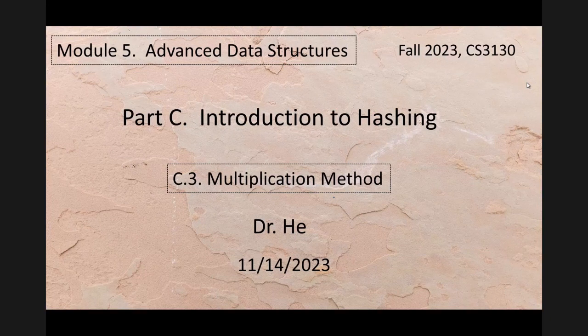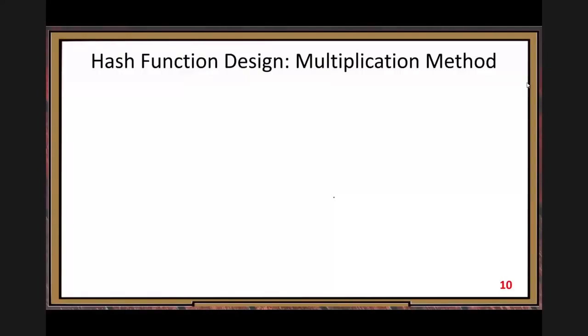But for the multiplication method, we have a lot of freedom to choose when we design the hash function. And we have more confidence to make it robust against most of the patterns. So let's look at this interesting idea. Hash function design, this time, the multiplication method.